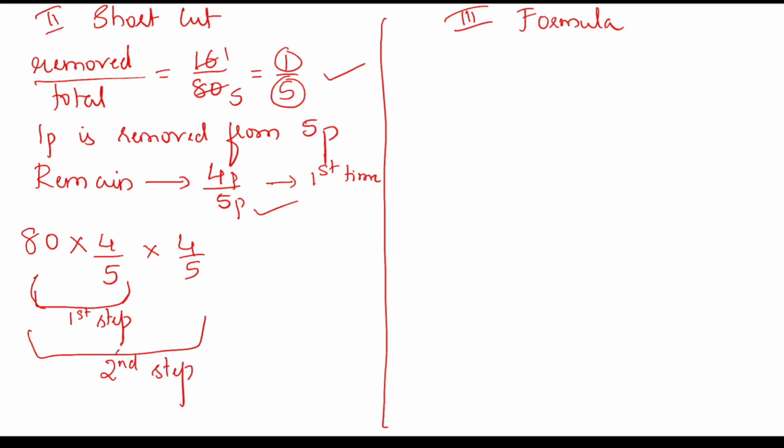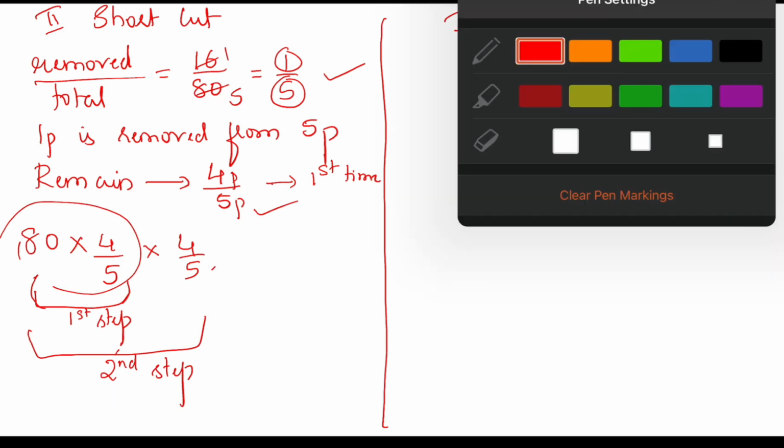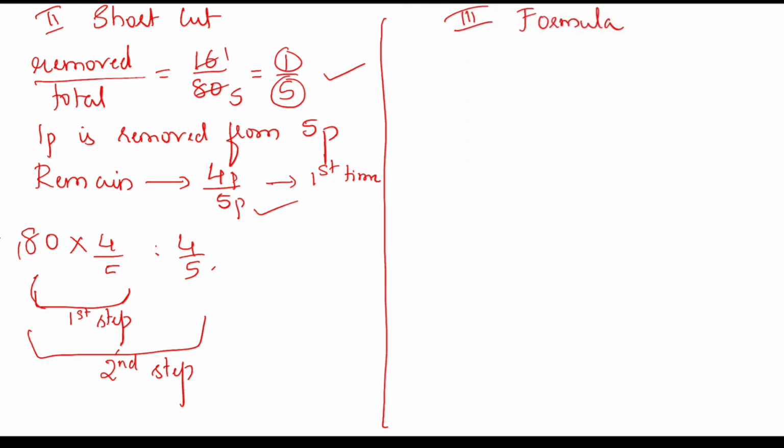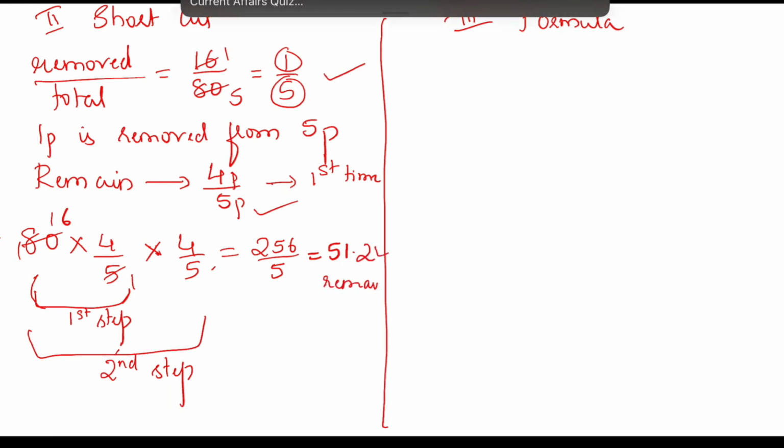Therefore the total is this whole thing multiplied: 16 into 4 into 4, which is equal to 256 divided by 5, which is nothing but 51.2 liters. This is the 51.2 liters that remain.